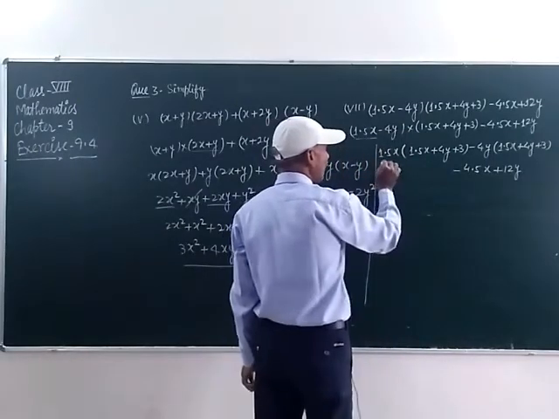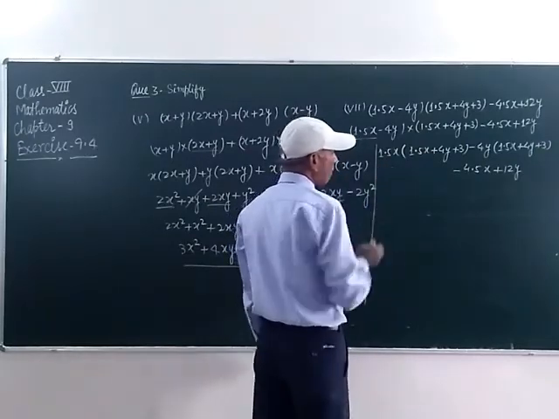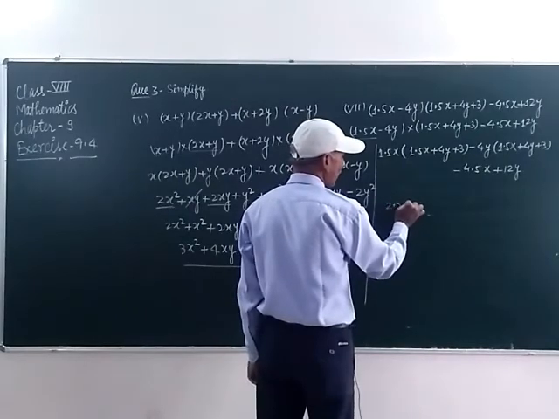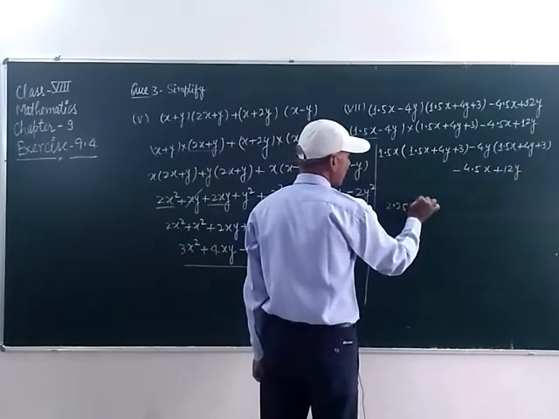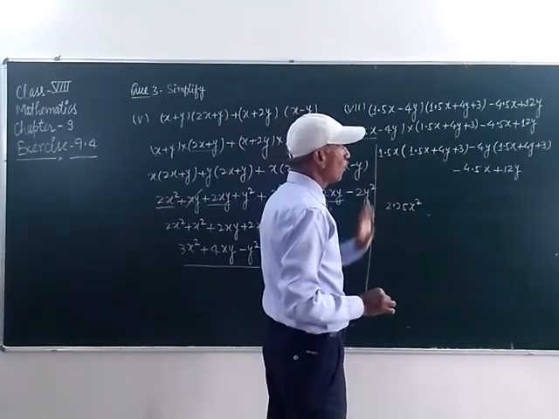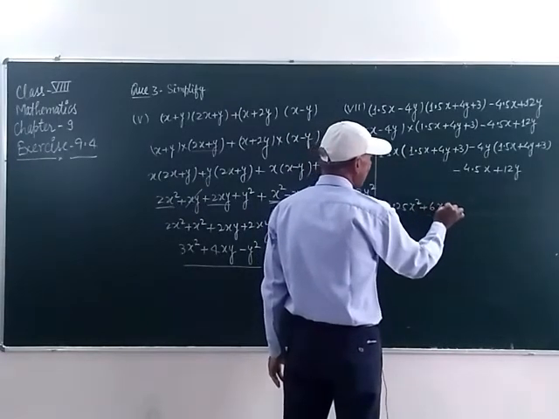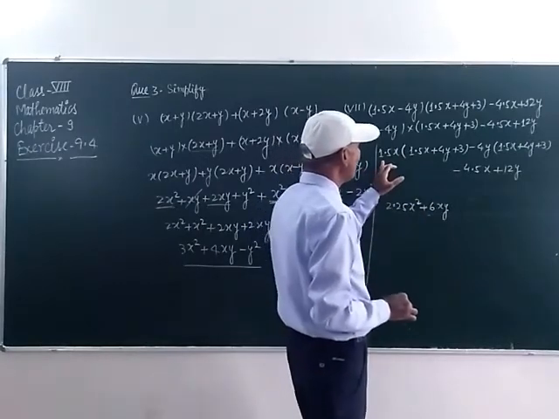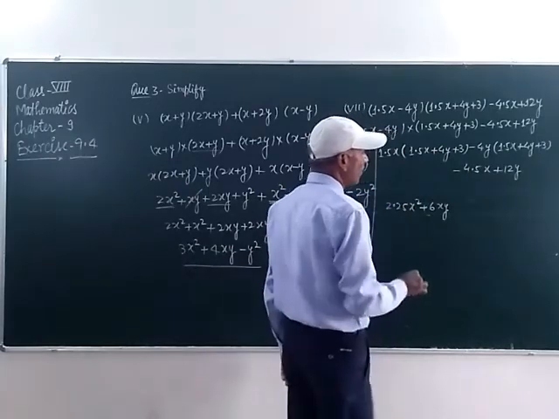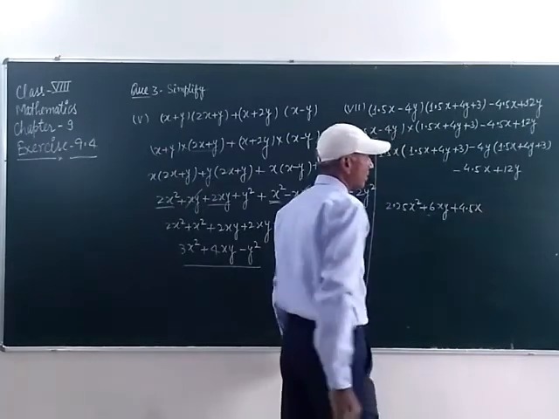And when we multiply 1.5x with 1.5x, 1.5 into 1.5 student, it will be 2.25x², and when we multiply 1.5x with 4y, it will be plus 6xy, and after multiplying 1.5x with 3, it will be plus 4.5x.